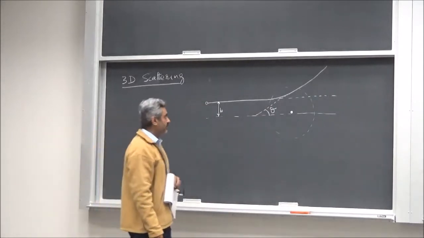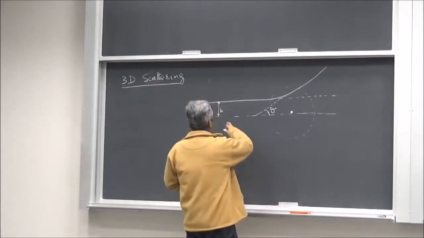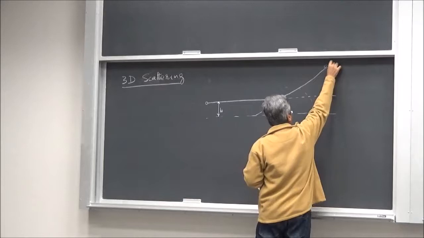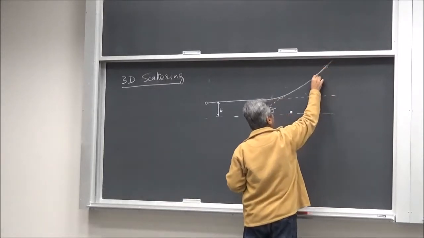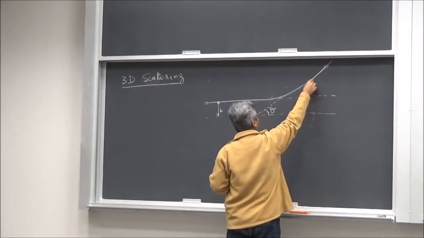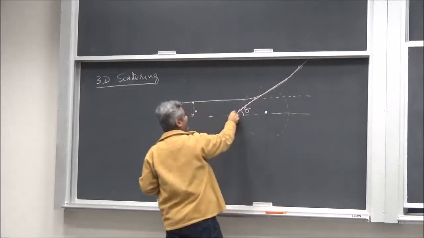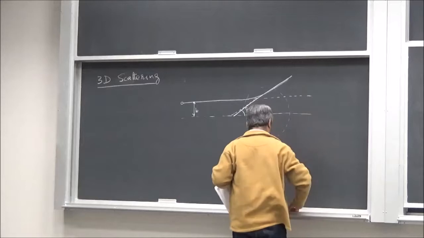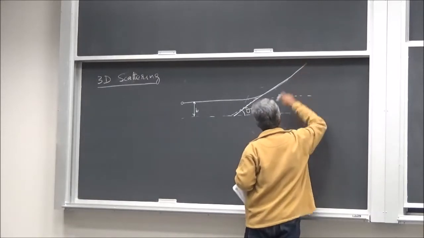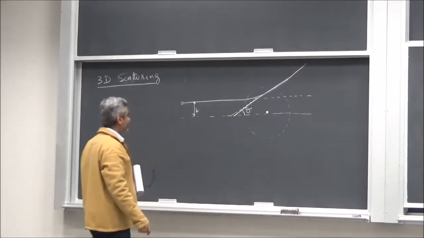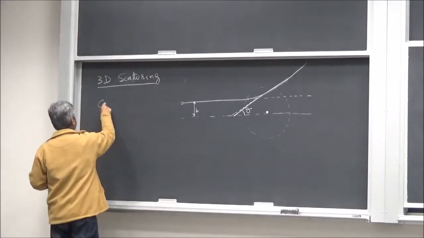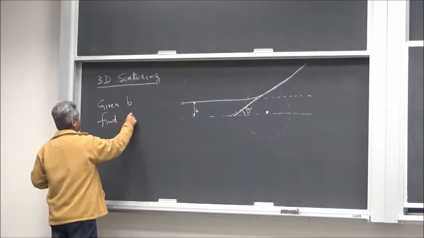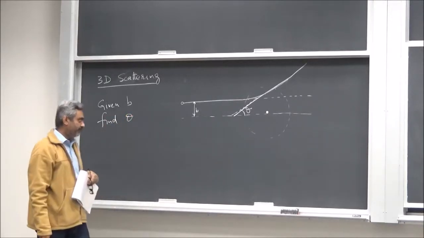That's what scattering means. The particle is initially free, and it's finally free, so it's moving in a straight line again. So given b, find theta.